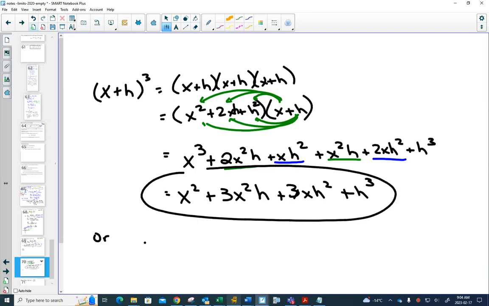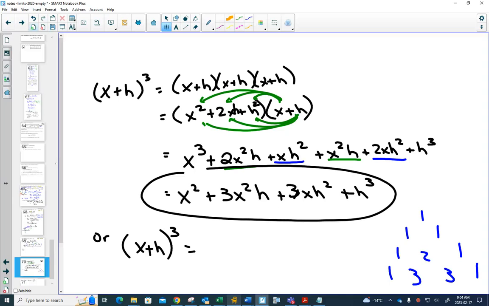Or I could, from grade 12, do you remember Pascal's triangle for the binomial theorem? Because it's cubed, you know that you would have 4 terms in the expansion. We've got all 4 here.